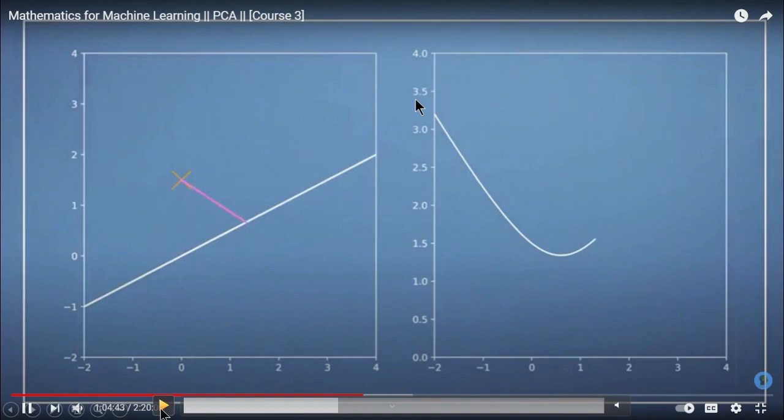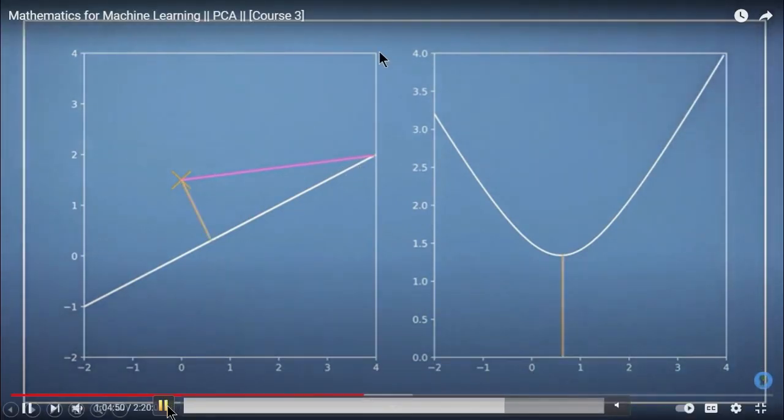So this video shows the vector x, and this pink line shows the distance from the line for different projections, and this graph shows the distance of the vector from the line for each projection.